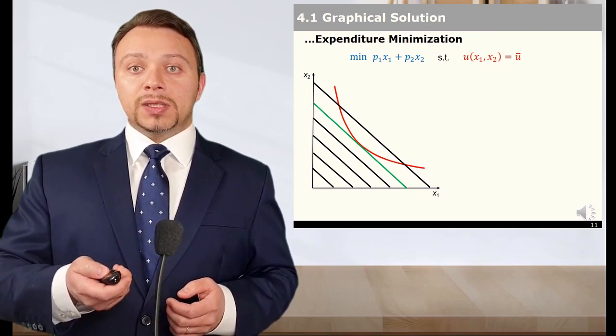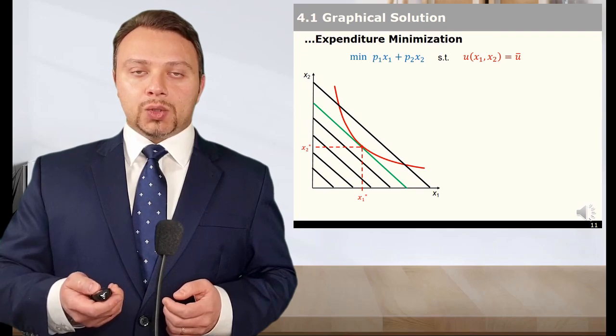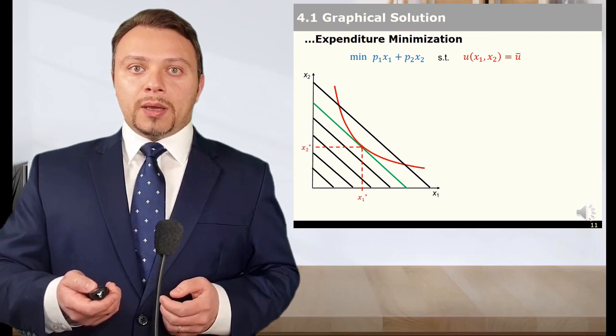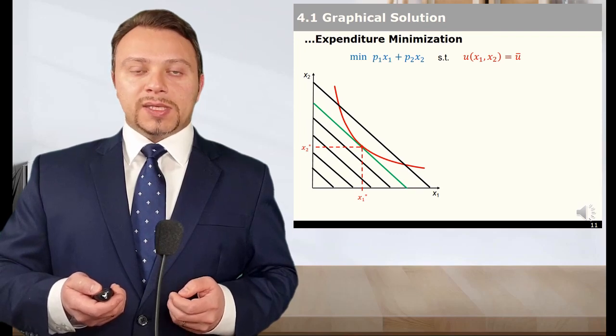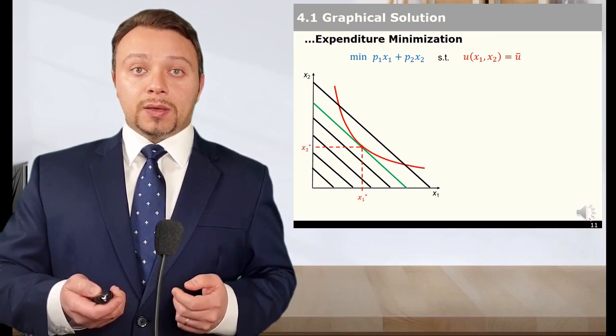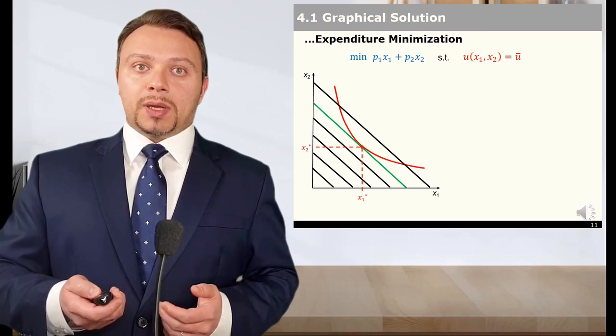Again, in this tangent point, the optimal consumption bundle is x1 star and x2 star. By setting the utility level at the same value as we had in the utility maximization problem, we achieve exactly the same bundle.